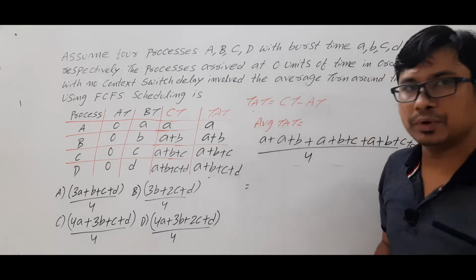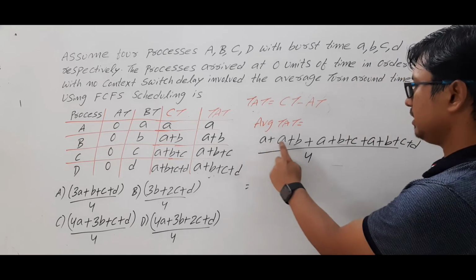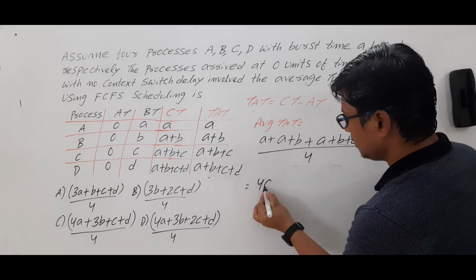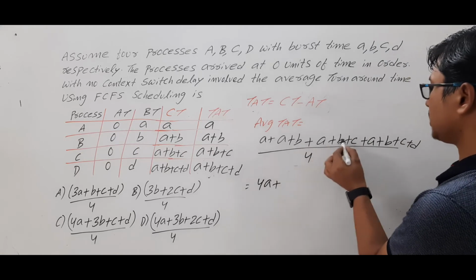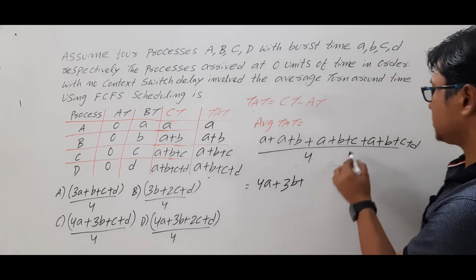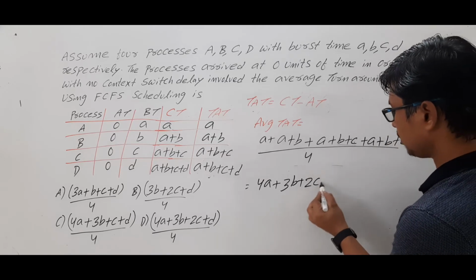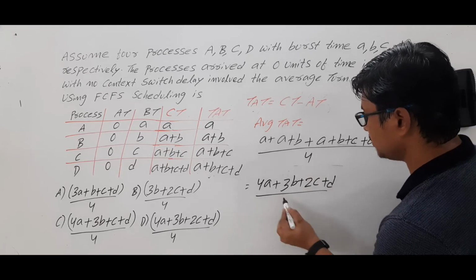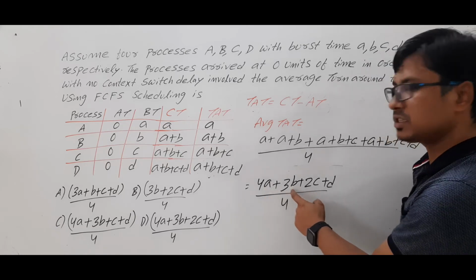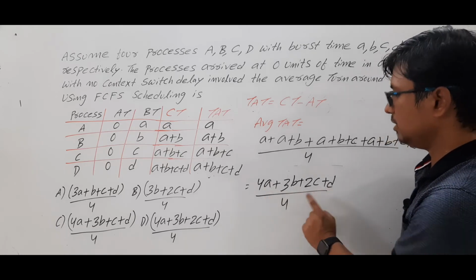So you need to count how many times a is there: 2 times, 3 times, 4 times. So 4a. b is how many times? 1, 2, 3 times. So 3b. c is 2 times, and d 1 time, divided by 4. So the average turnaround time is 4a plus 3b plus 2c plus d by 4.